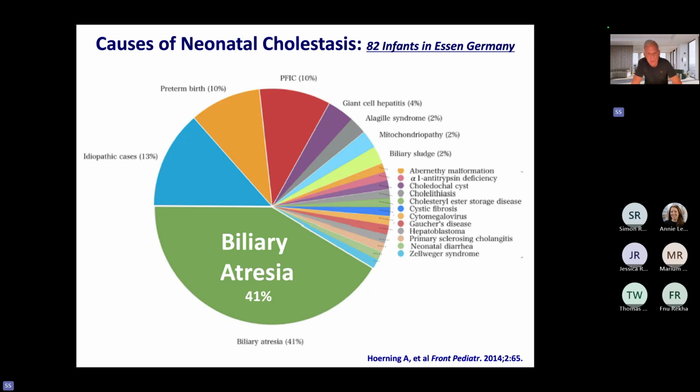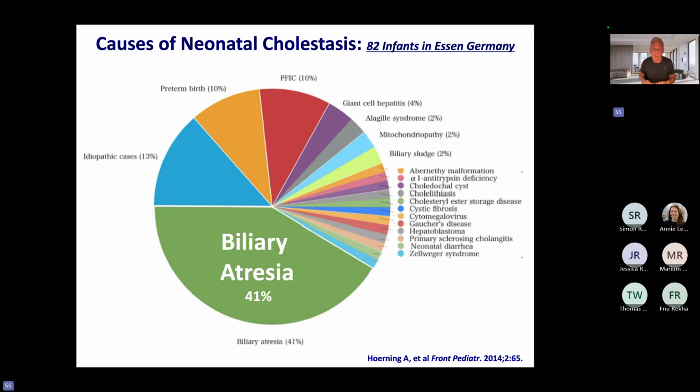If we look at the causes of neonatal cholestasis, this slide was published in 2014. It's fairly relevant today as well. Clearly, when we have a problem of direct hyperbilirubinemia indicating cholestasis in the newborn, first and foremost, we worry about biliary atresia because, in this study, and it's been confirmed in other studies, biliary atresia likely represents at least 40% of newborns who exhibit cholestatic jaundice.